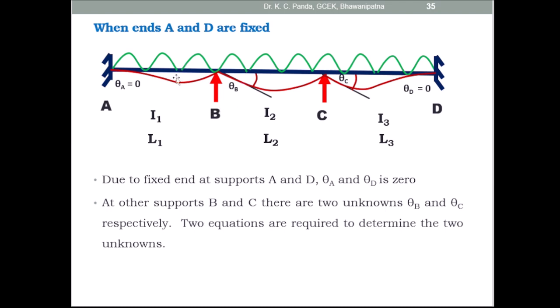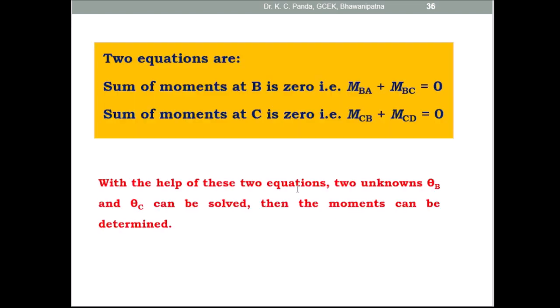By using these two equations, you can find out the unknown displacements theta B and theta C. With the help of these two equations, the two unknowns theta B and theta C can be determined. Then you can find out the final moments by using the displacements.